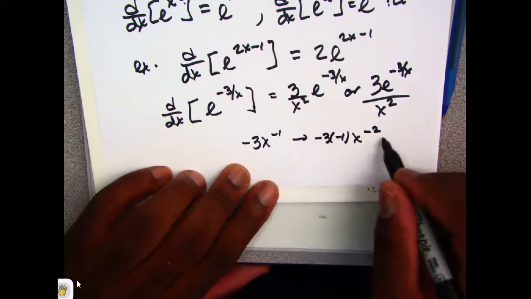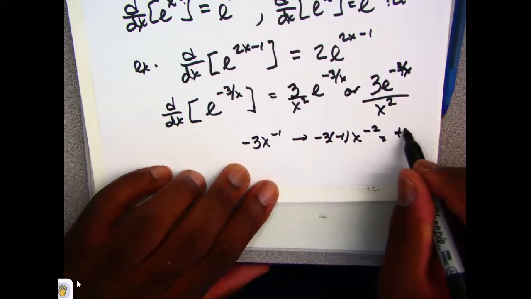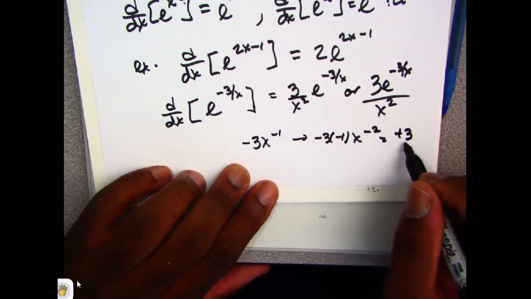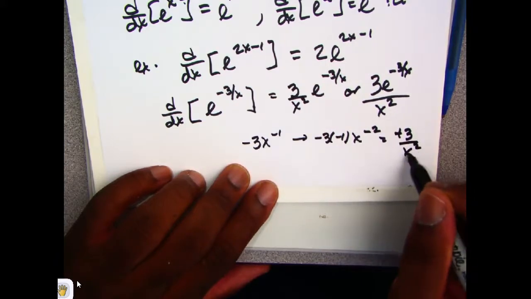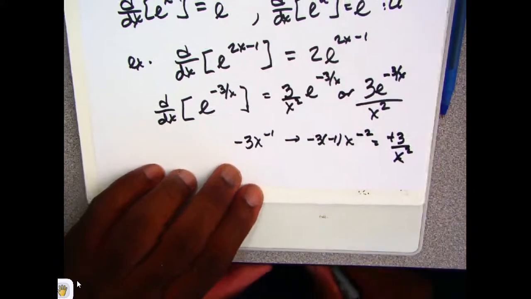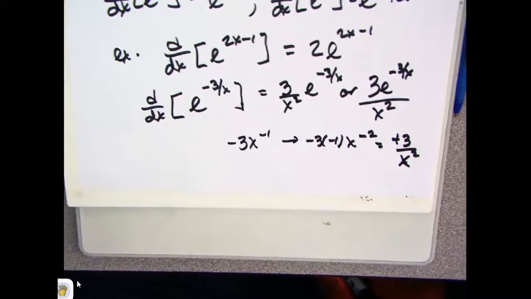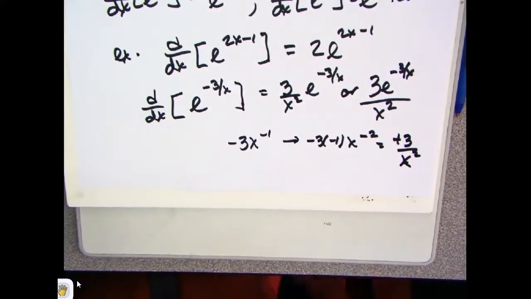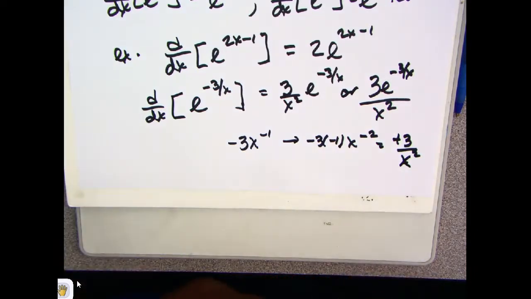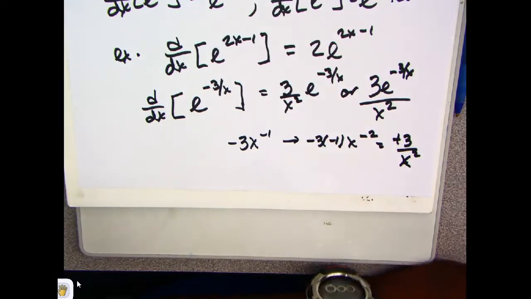Negative 3 times negative 1 is a positive 3. x to the negative second is 1 over x squared, so you get 3 over x squared. I'm hoping at this point you guys are seeing the pattern when you have the constant over x, and as you continue to take the derivatives, what's happening there. All right, so any questions there?